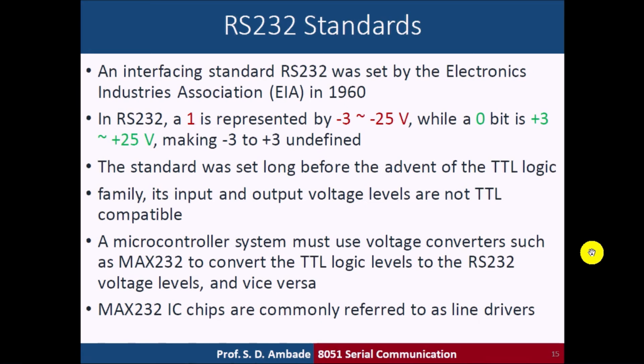Look at this, it is exactly opposite to what we considered in digital communication. Here 1 is represented by negative voltage, -3 to -25, and 0 is represented by positive voltage between +3 volts and +25 volts.